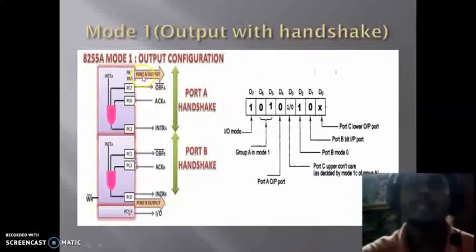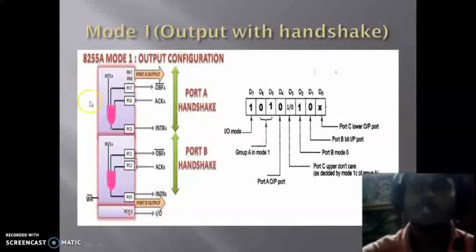So what is happening here, port A and port B are used as output. When data is sent from the 8085 microprocessor or any microprocessor to the 8255A, and we want to send the data to the peripheral device, at that time we send the OBF signal to the peripheral device, telling that the 8255A has already sent the data.